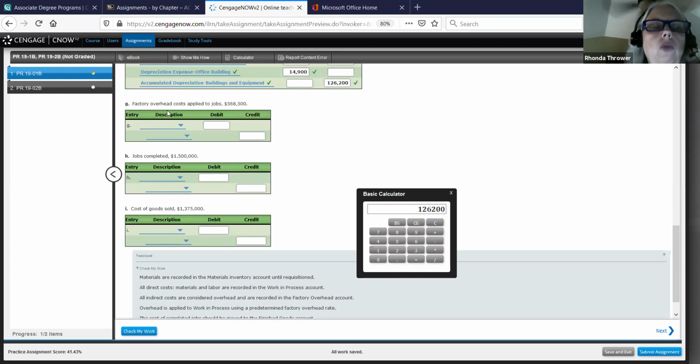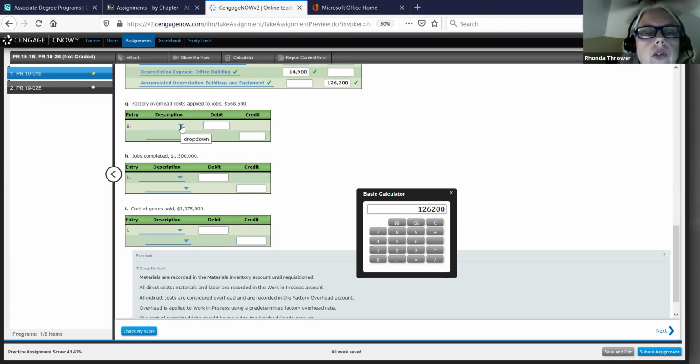On the next one, we're applying our factory overhead to our finished, or to our jobs. They're not finished yet, but what we want to do is make sure that our jobs have all of the cost applied to them. And so what we mean by applying factory overhead is that we estimate an amount of factory overhead to reduce the factory overhead and put it into the work in process account.